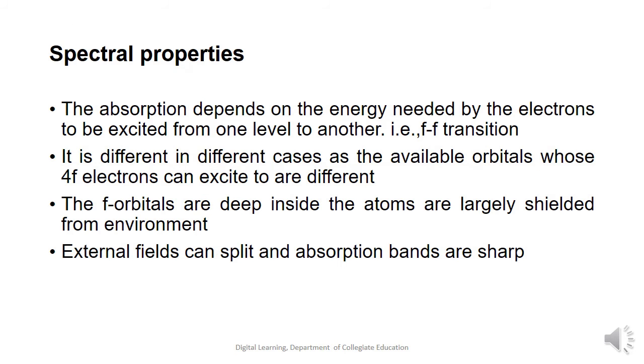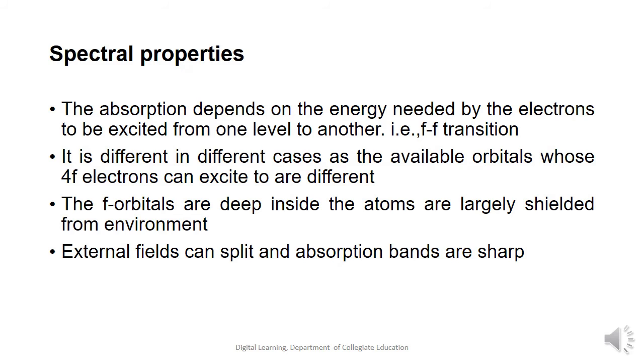The next general characteristic of the inner transition elements in this session is the spectral properties. The absorption depends on the energy which is needed by the electrons to be excited from one level to another, that is the f-f transition.